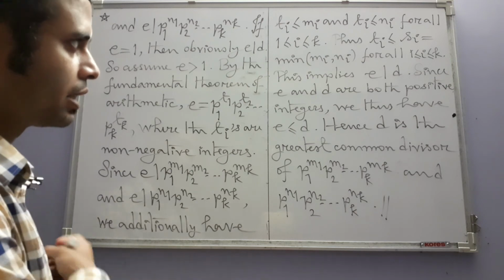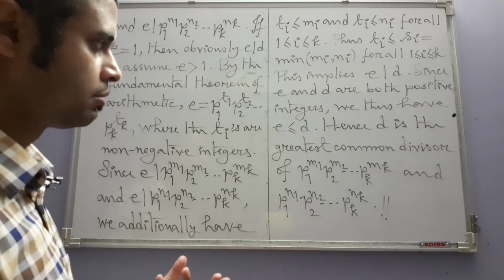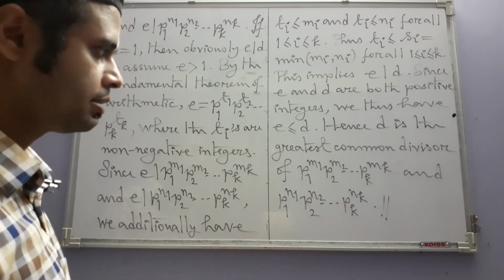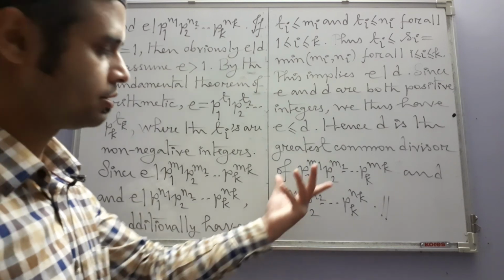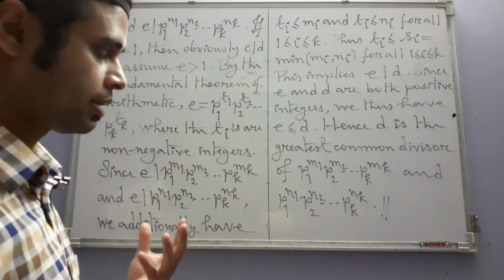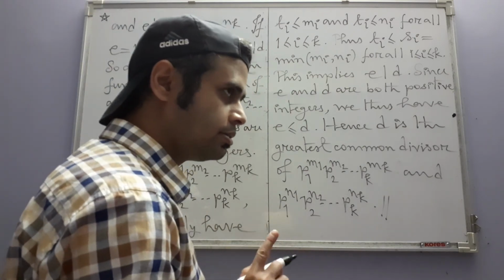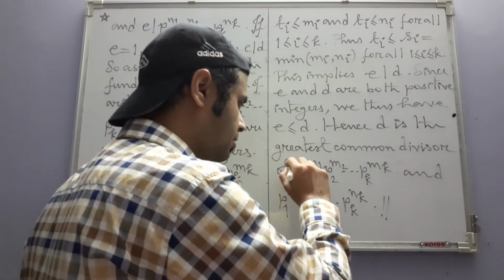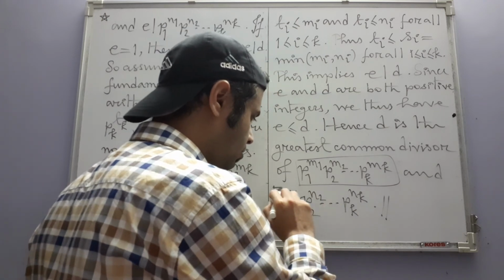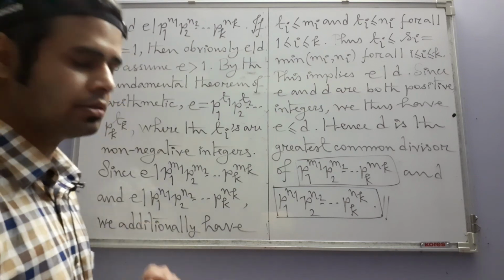Now you may be wondering, after seeing this solution and the form of the greatest common divisor, that if finding the GCD is this easy for these two integers, then why do we need the Euclidean algorithm? That's because finding the GCD in this way is easy only if you have the factorizations of the original integers into their prime factors like this.